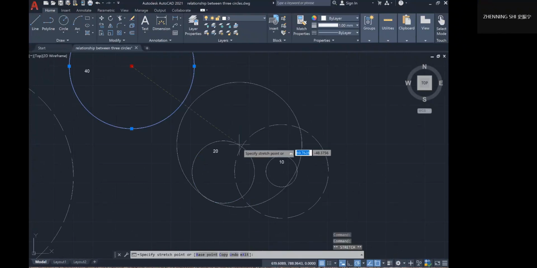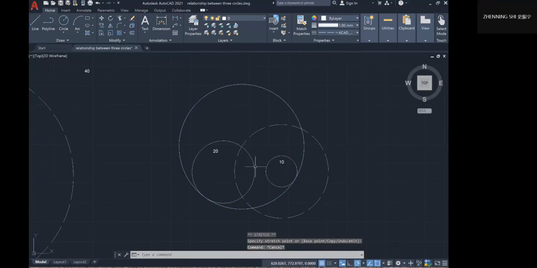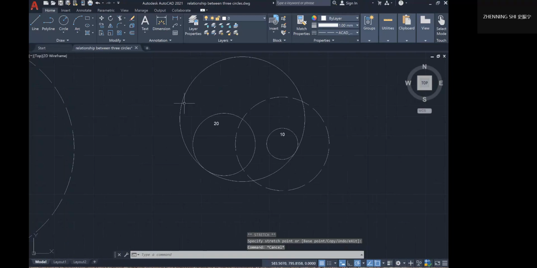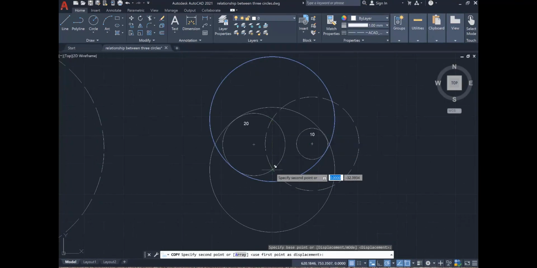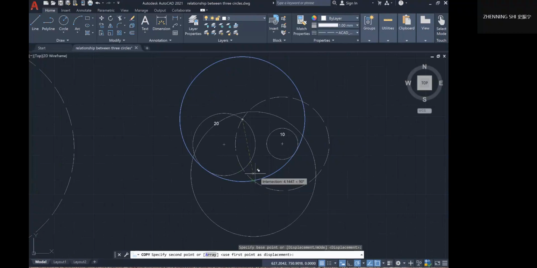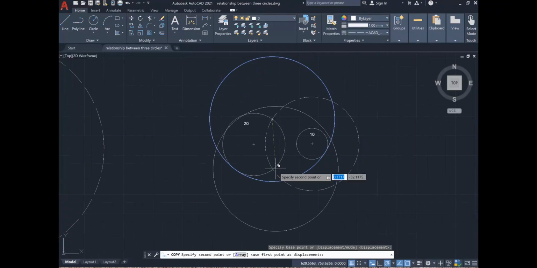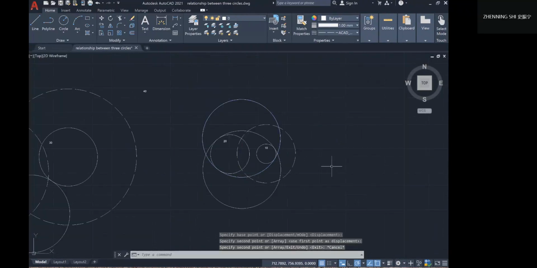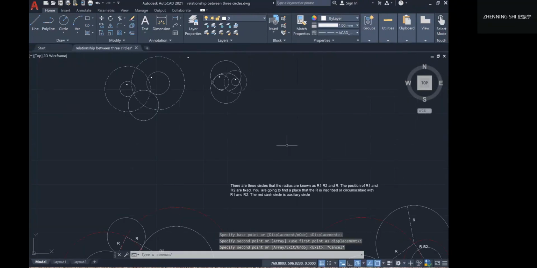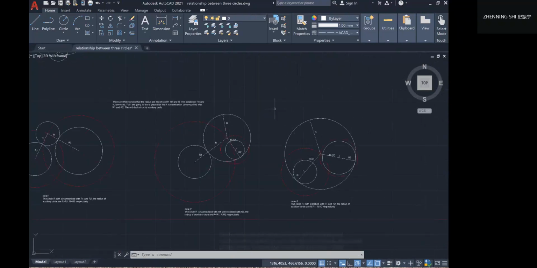I put this center right here. Now you can see this big one is inscribed with this small circle. So that is this case.